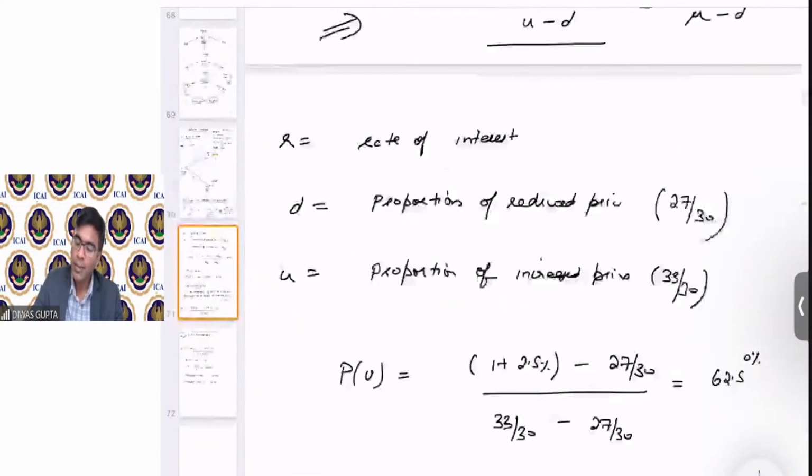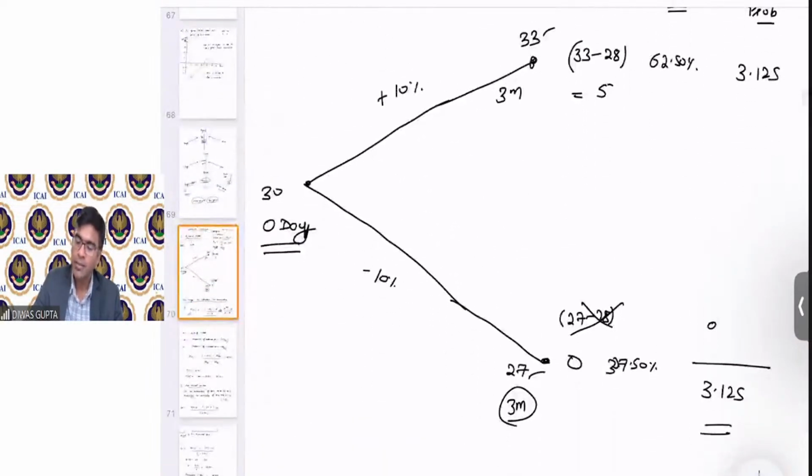So in a nutshell, the binomial model tells you to draw a possibility tree. Within that possibility tree, there are only two possibilities at one point of time. After that one possibility, let's say after 33, another two possibilities can be there. After them, there can be another two possibilities. But at a given decision making point, there can only be two possibilities.